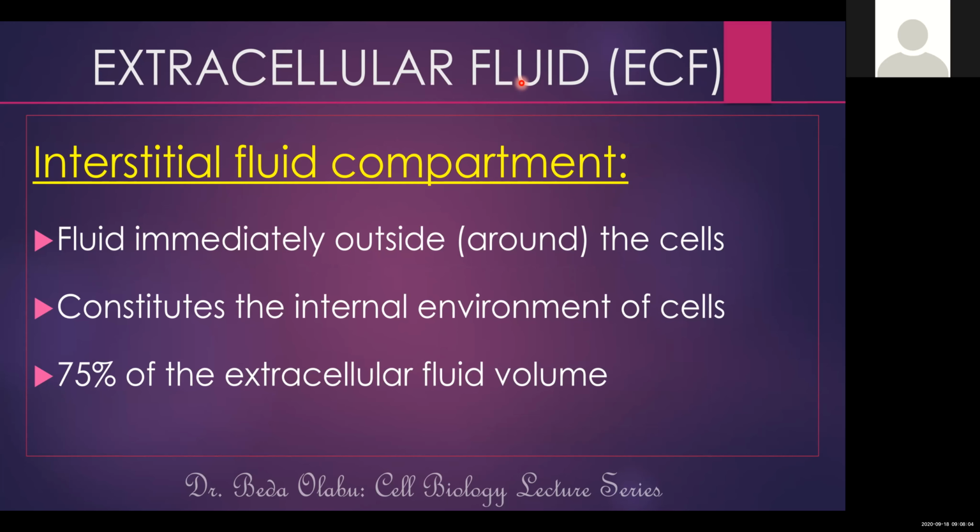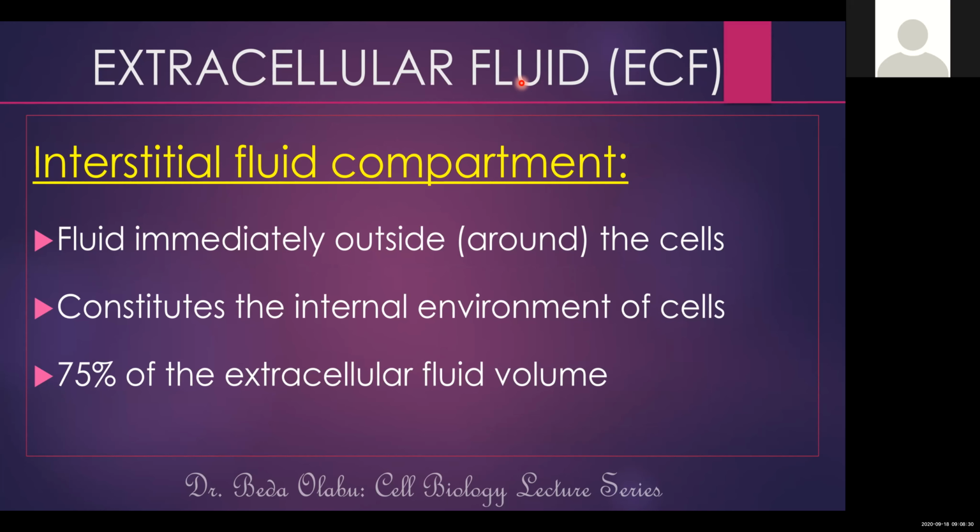I took 60% out of 100 of 90 kgs. Then I got 54 liters. And when you said intracellular is 2/3, therefore a third is extracellular. So I said a third multiplied by 54.